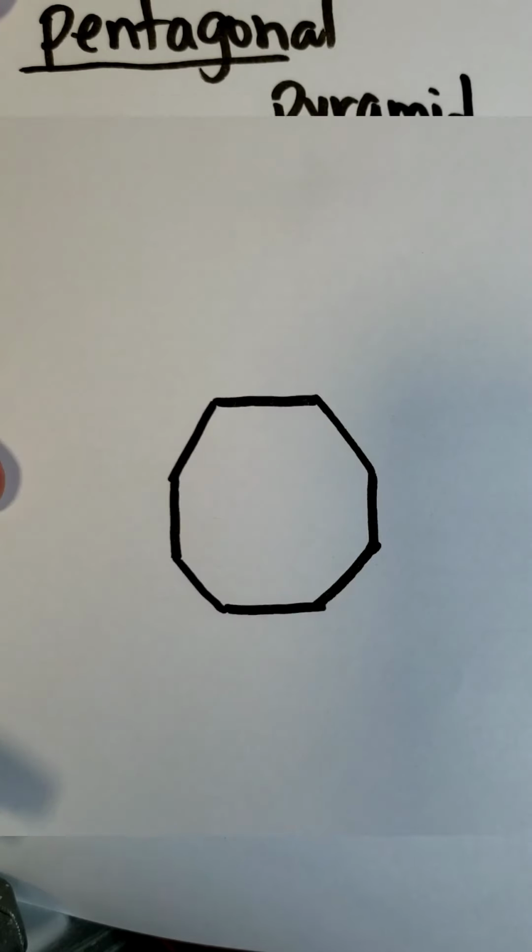Let's try another. All right, so now we're going to start with this polygon here. And if I look at this one, I got 1, 2, 3, 4, 5, 6, 7, 8 sides. This would be an octagon, right?